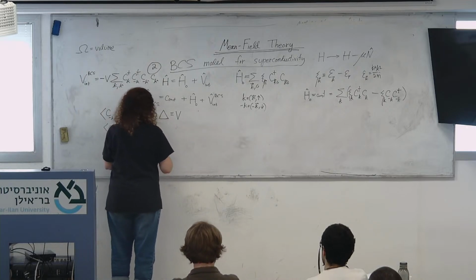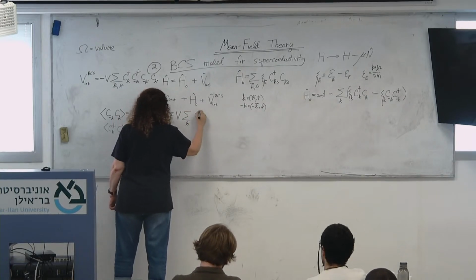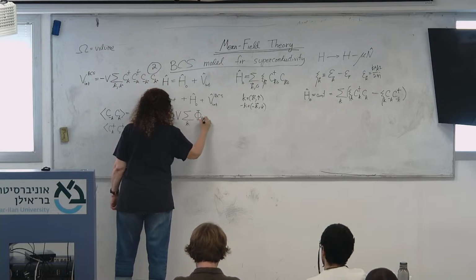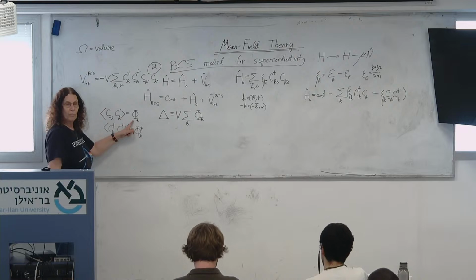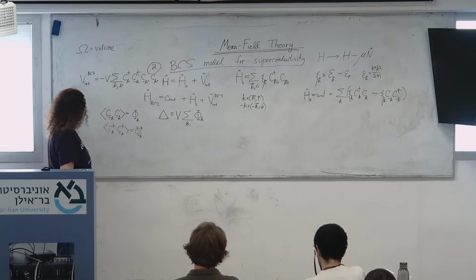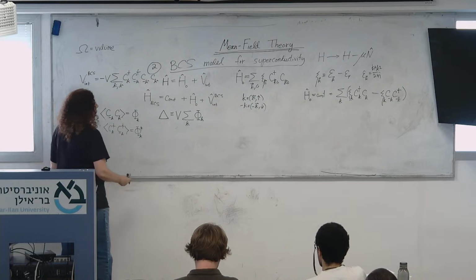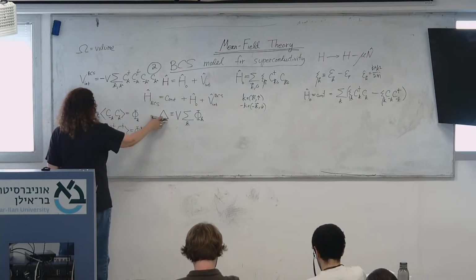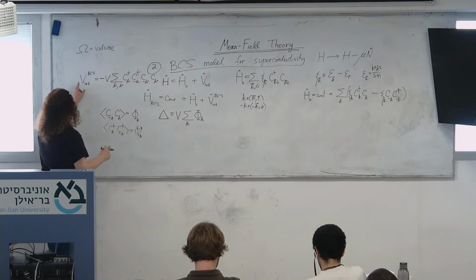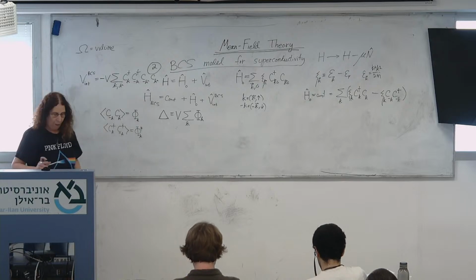Delta is V times the sum over k of this phi k. Okay, it's a definition. Well, phi k is this non-trivial expectation value. And you see that if I'm now going back to the interaction, sorry.